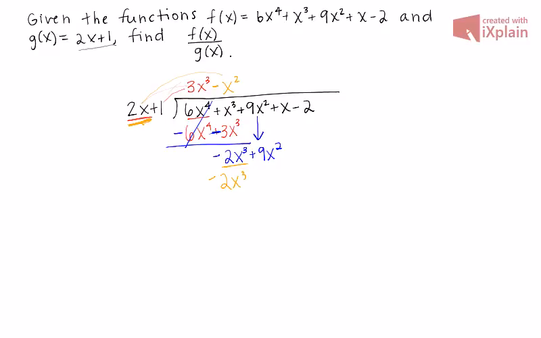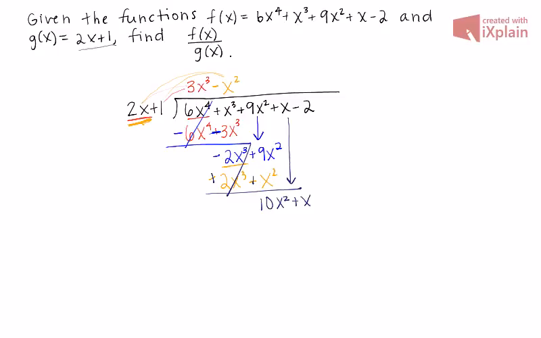And 1 times negative x squared is just negative x squared. So next, what we'll do is we'll change our signs. So this will become a plus, and this will become a plus. And if you do it correctly, these terms will always cancel out, and you will just do 9x squared plus x squared, which is 10x squared. And bring down your next term, which is x.